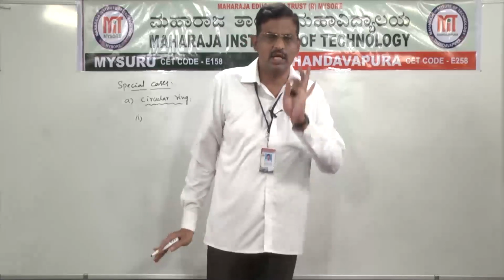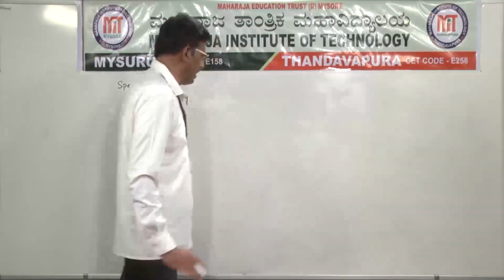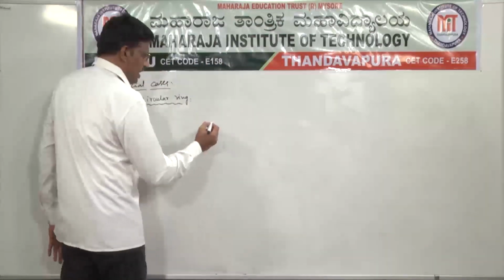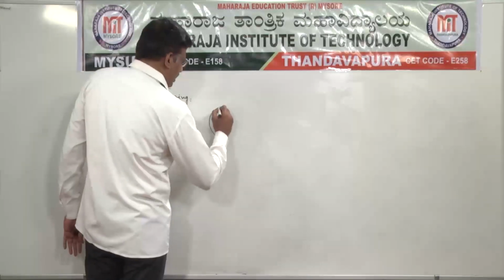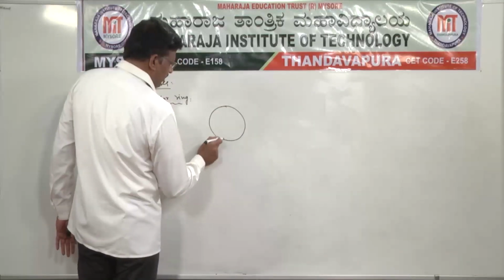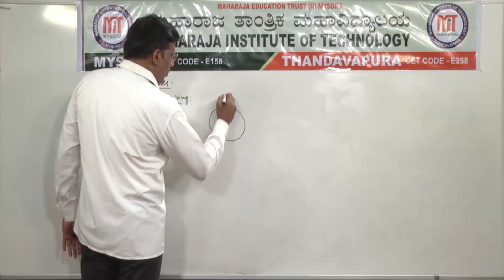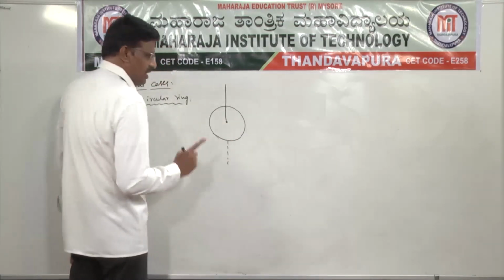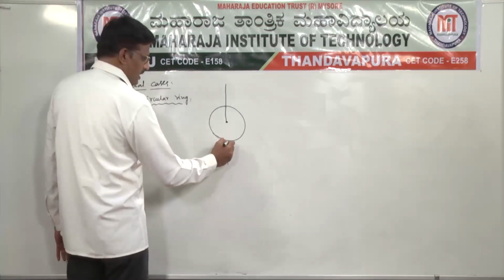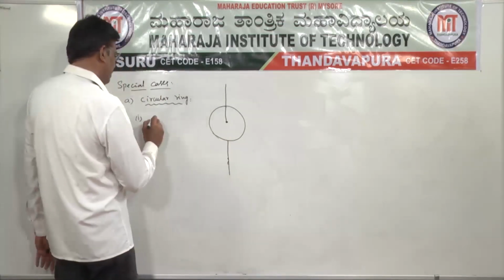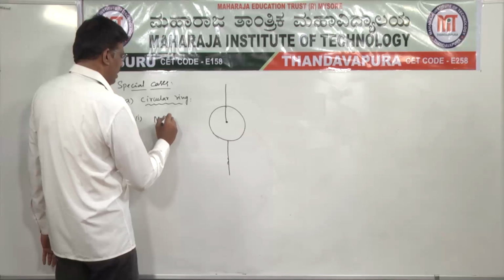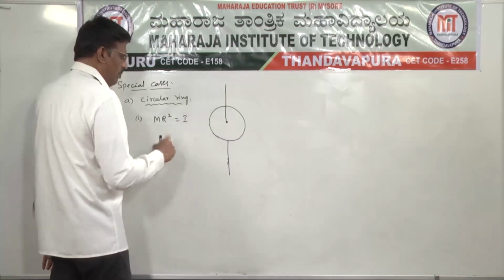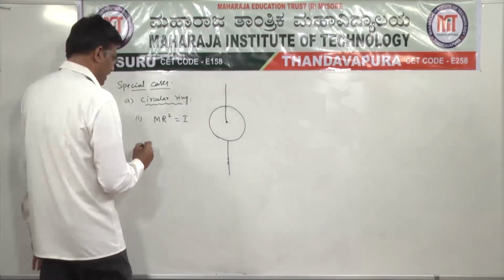These two things you should remember while writing the formula for moment of inertia. Let us first take the circular ring, moment of inertia of the circular ring about an axis passing through the center and perpendicular to the plane is m r square.